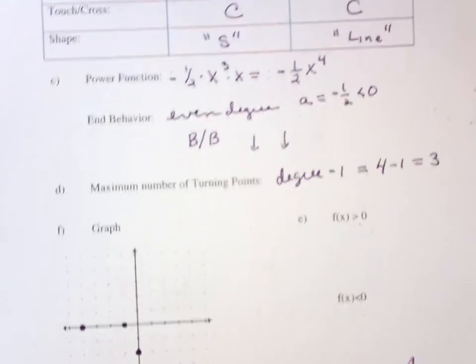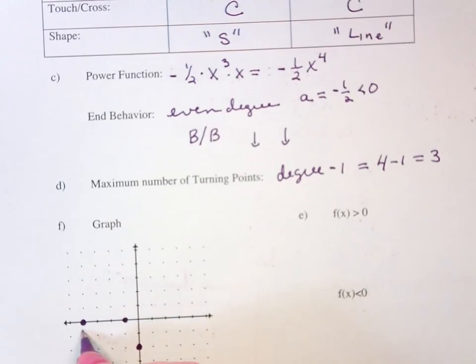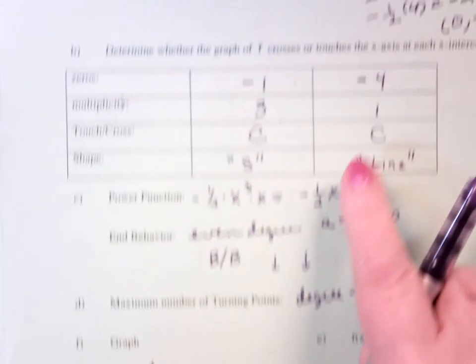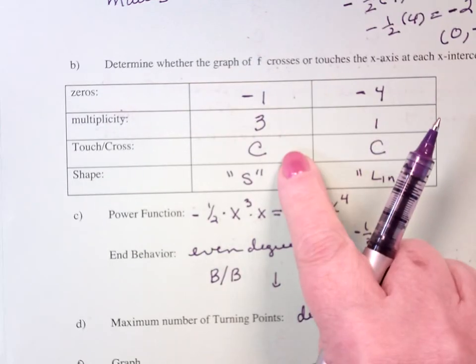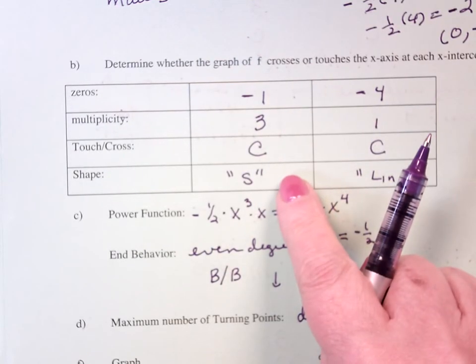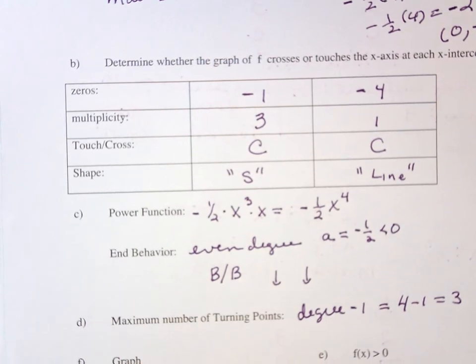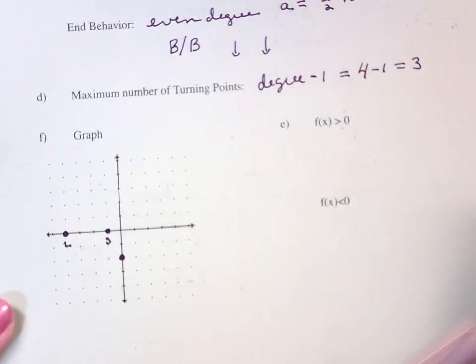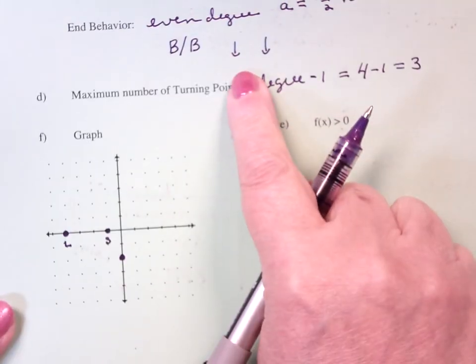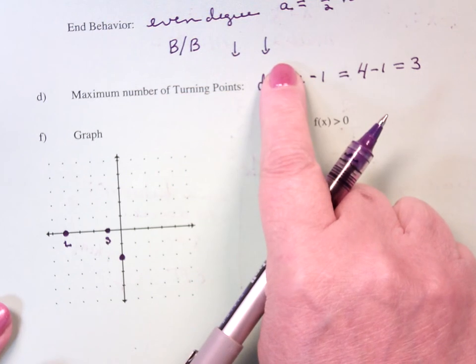So on -4, I'm just going to put a little L that tells me that's going to be a line. At -1, the graph crosses and it looks like an S. So at -1, I'm going to put a little S. Now I know it comes from the bottom and goes out through the bottom.